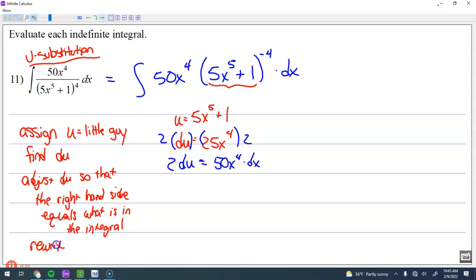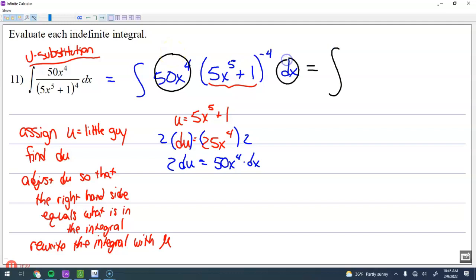Then, rewrite the integral with u. So, 50x to the fourth, and then the dx, is not 50x to the fourth and dx anymore. It's 2 du.